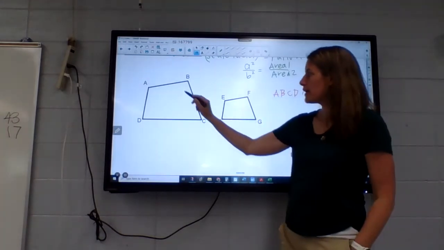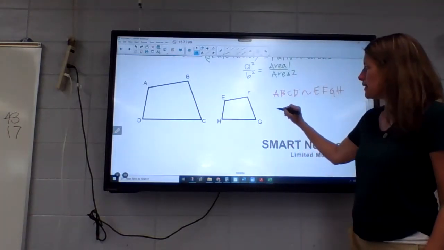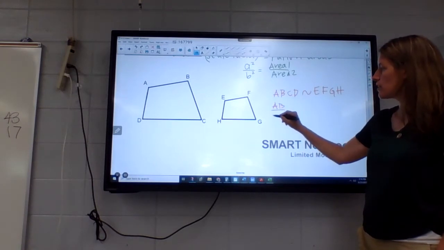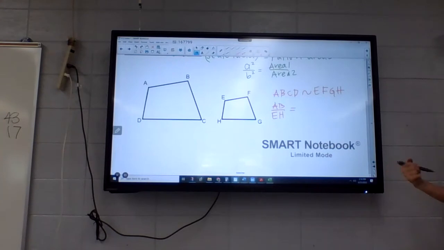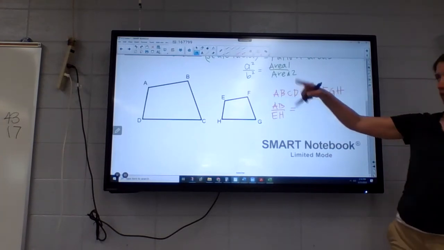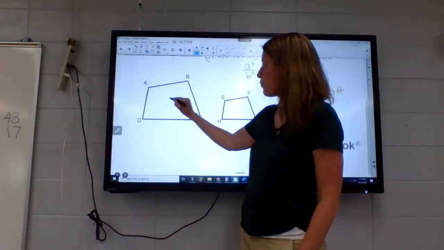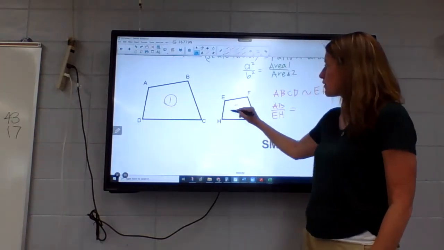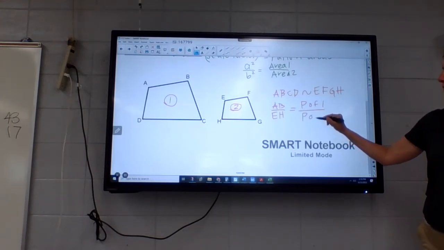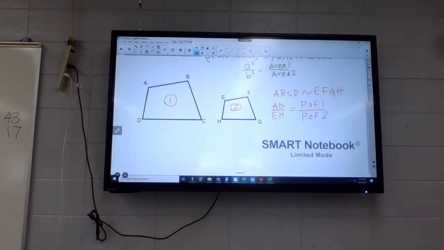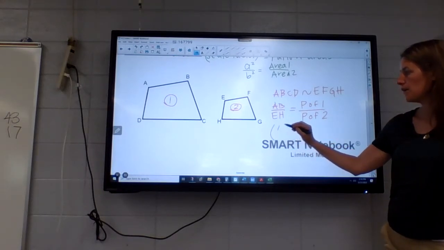So if we compare like AB over EH, that should equal the perimeter of the first one, which I'll call shape 1, and the perimeter of shape 2. But in order to figure out the area, we have to square those side lengths.